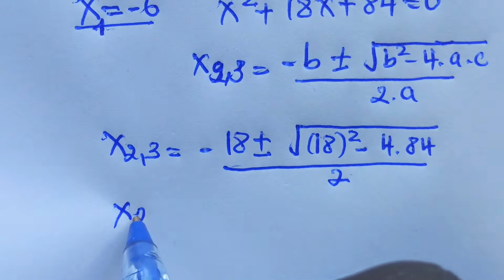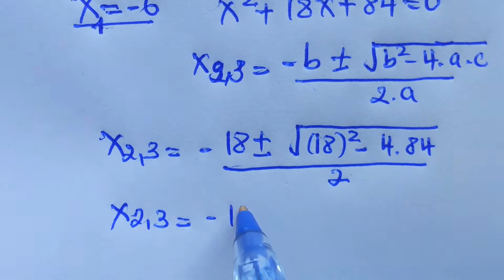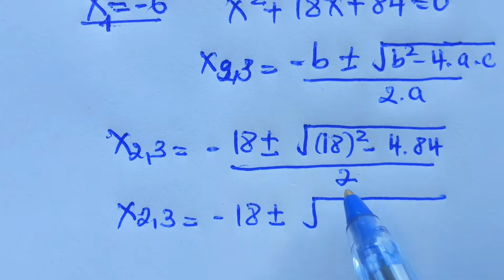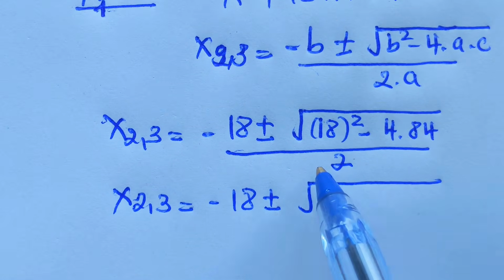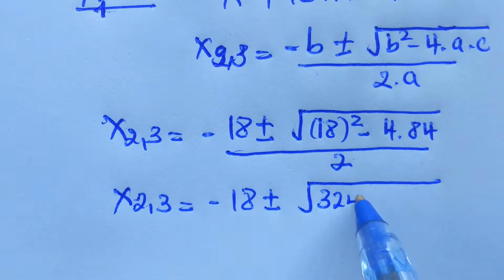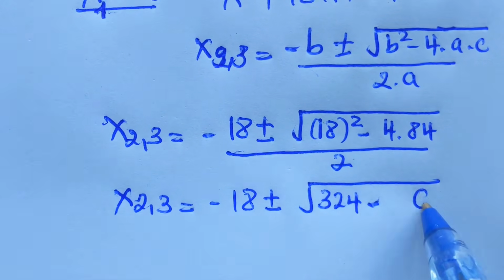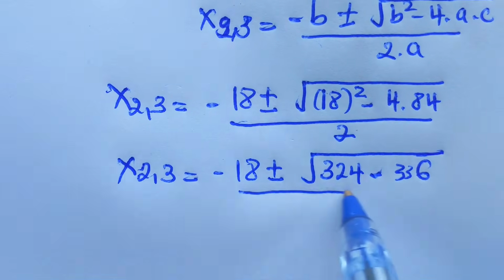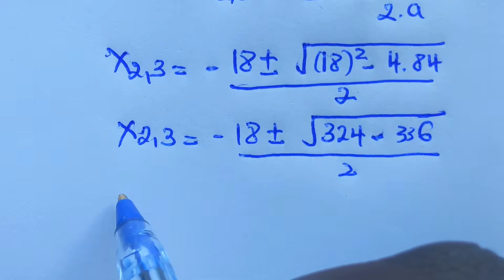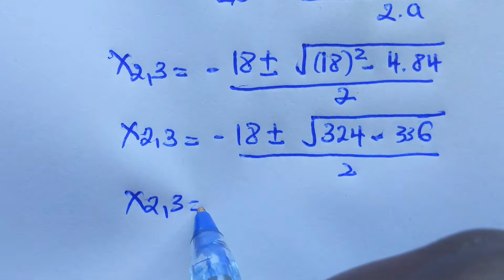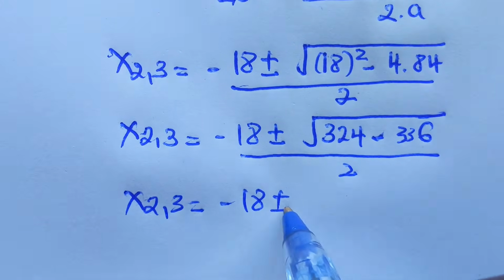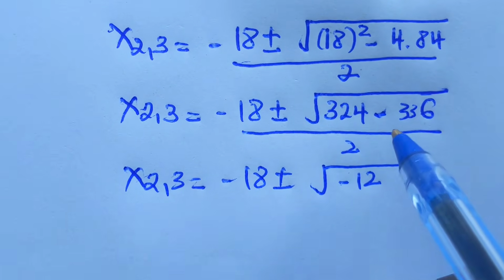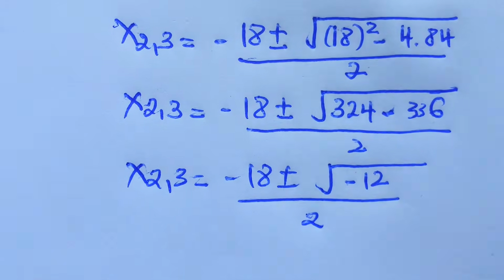Here 18 squared is 324, minus 336, which is negative 12.